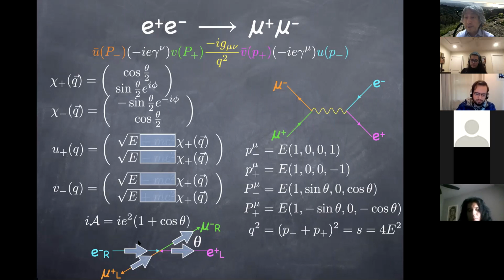That shouldn't happen, and therefore the amplitude vanishes when cosine theta is minus 1. So this behavior of 1 plus cosine theta in the amplitude makes sense from angular momentum conservation. So the amplitude is very simple. Again, you stick that into the master formula, and out comes the cross-section. Any questions about this? I have to wrap that up very quickly.